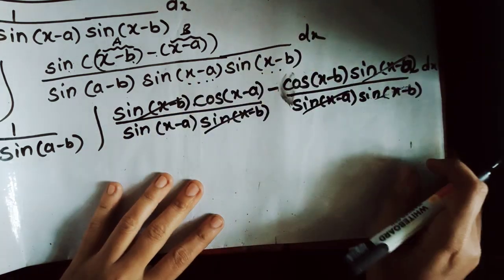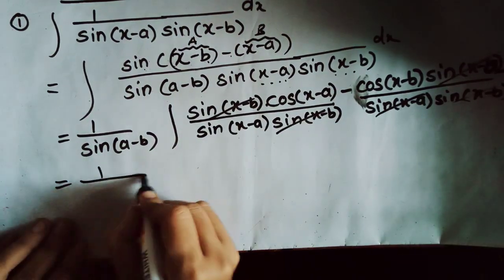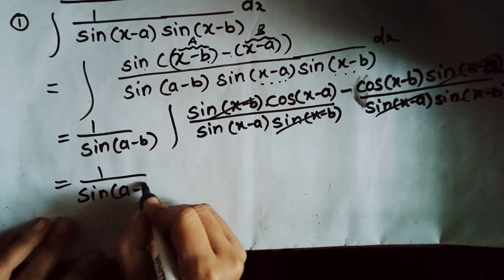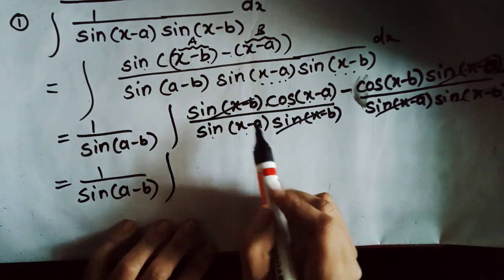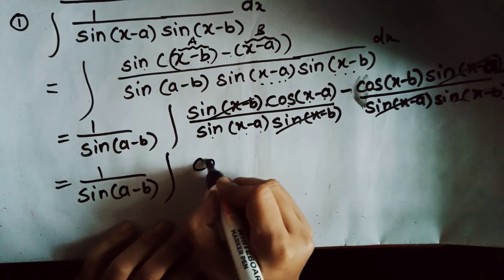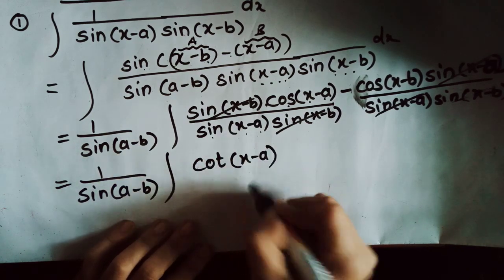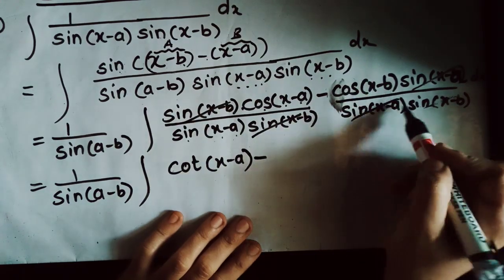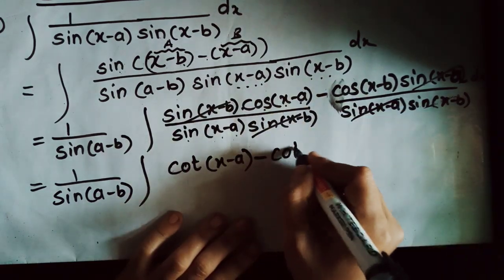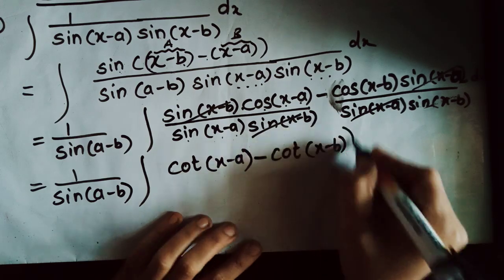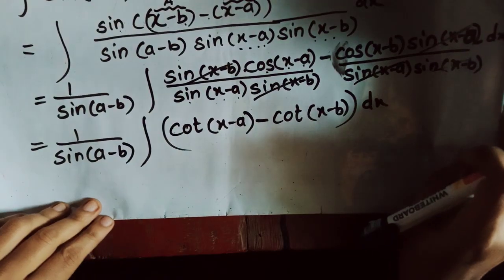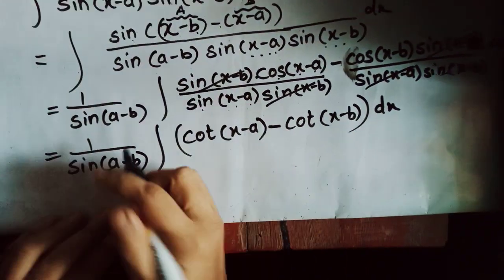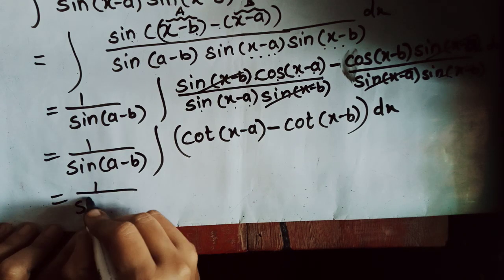So this and this get cancelled, so you will get 1 upon sin(a minus b) integral of cos(x minus a) upon sin(x minus a), cos upon sin which is cot(x minus a), minus cos(x minus b) upon sin(x minus b) which is cot(x minus b), dx. Now you can integrate these two using the formula for cot. So use that.